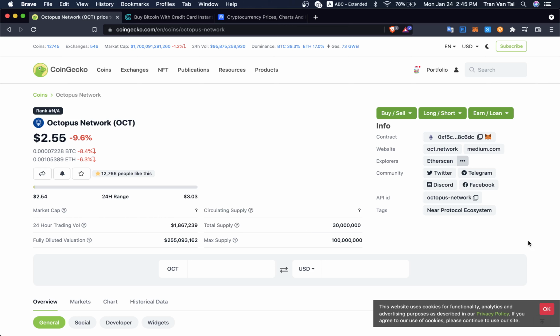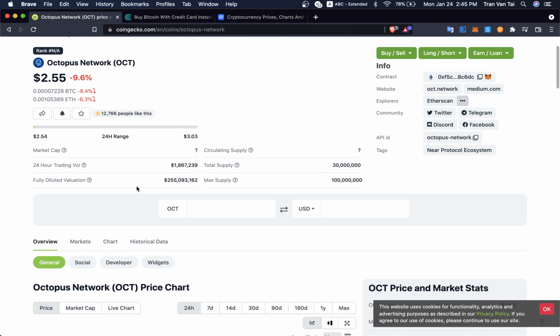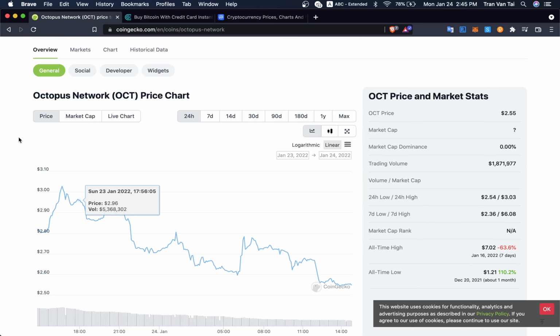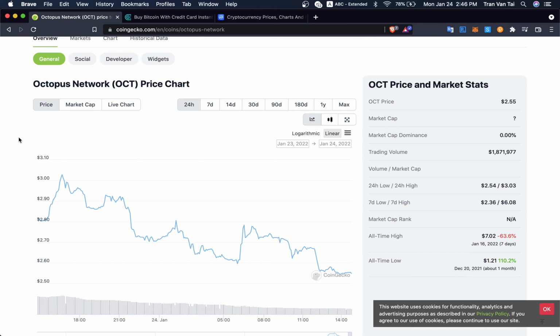There is also information such as the website, medium, Twitter, Telegram, Discord, Facebook, and below is a chart to view the price movement day by day or week by week, a live chart here.